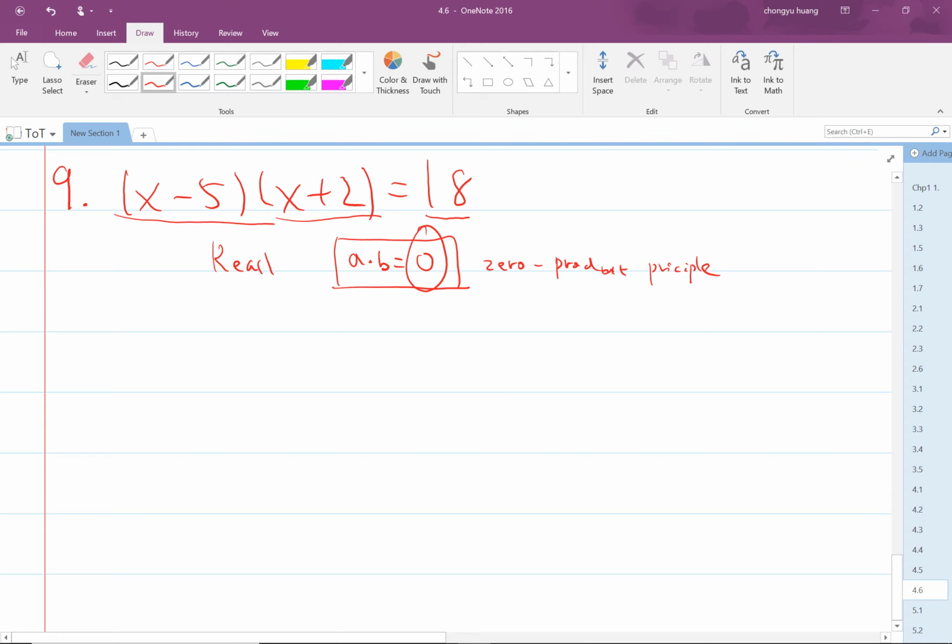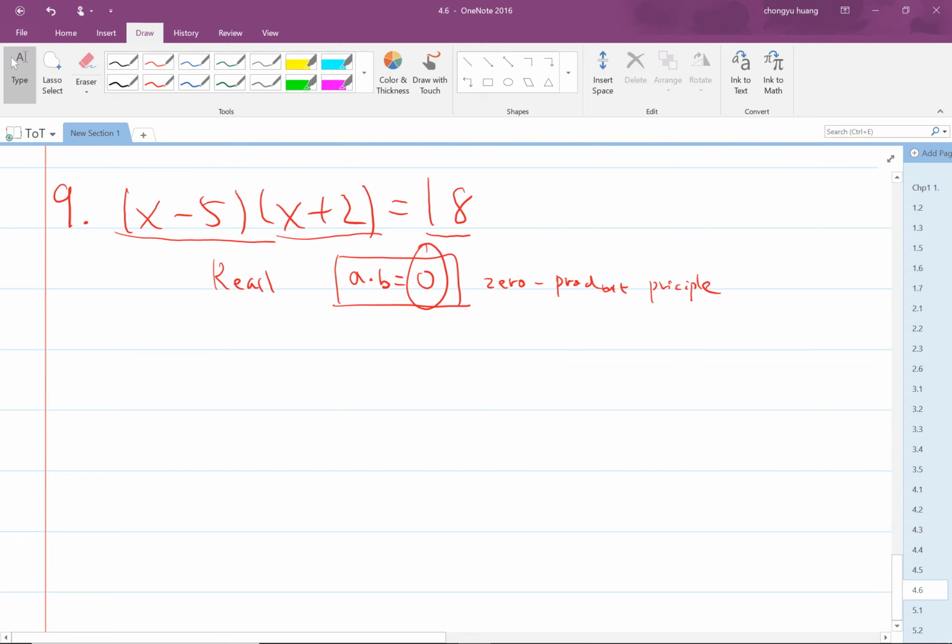It has to be 0 over here, but the number over here is actually 18. So we have to get rid of 18 so that the right-hand side becomes 0. That's why we have to multiply them out first.